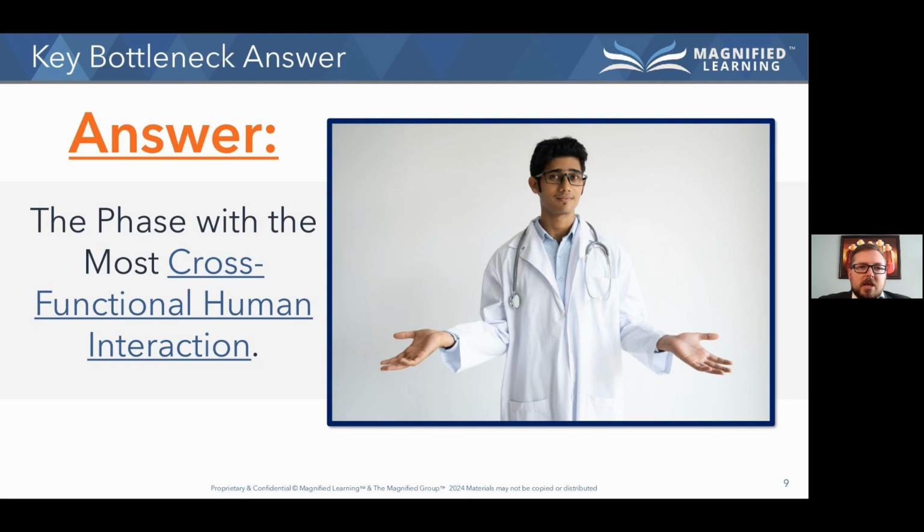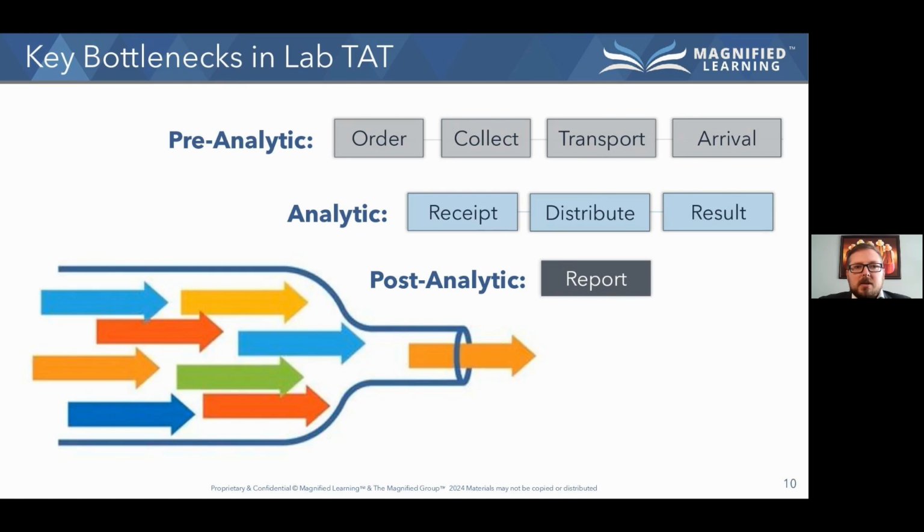And so the answer to that question is really the phase or the area where we have the most cross-functional human interaction. And what I mean by that is as you look at the pre-analytic phase and the analytic phase and the post-analytic phase, we're in a world where there's a lot of crossover.